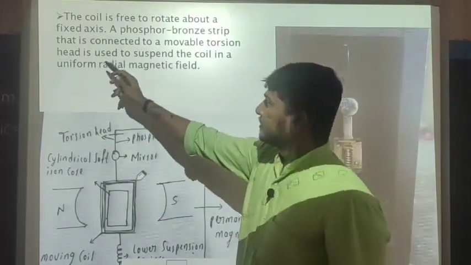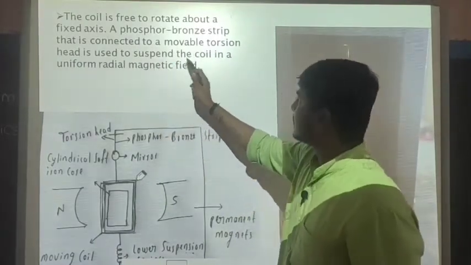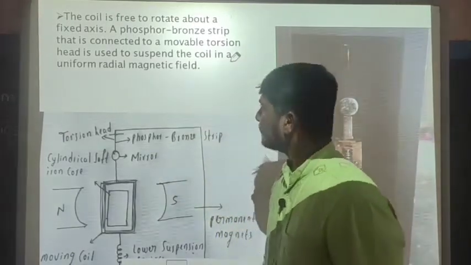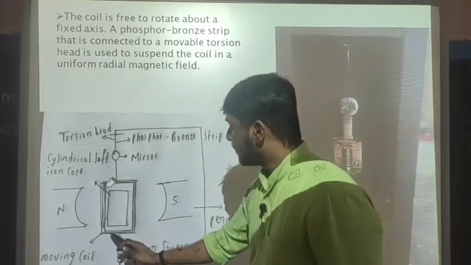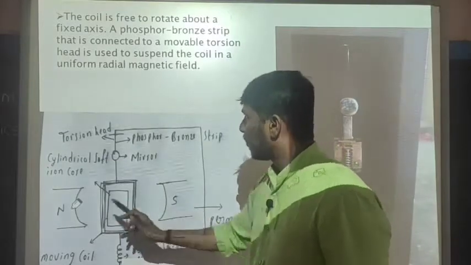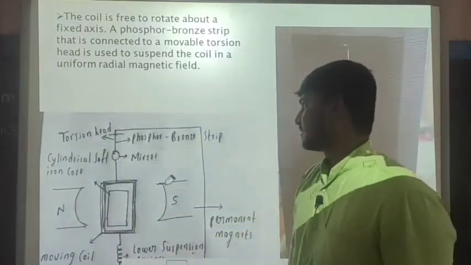Then this movable torsion head is used to suspend the coil in a uniform magnetic field. Then you can see this coil is placed between two magnetic poles which produce a radial magnetic field.